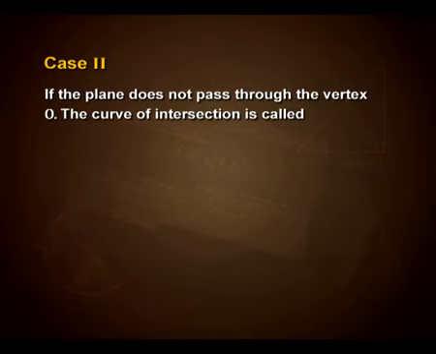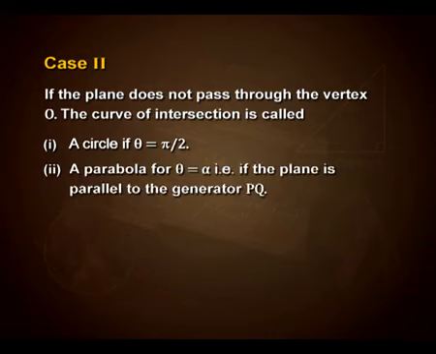In the second case, if the plane does not pass through the vertex O, the curve of intersection is called a circle if theta is equal to pi upon 2. It is called a parabola for theta equal to alpha, that is, if the plane is parallel to the generator PQ.